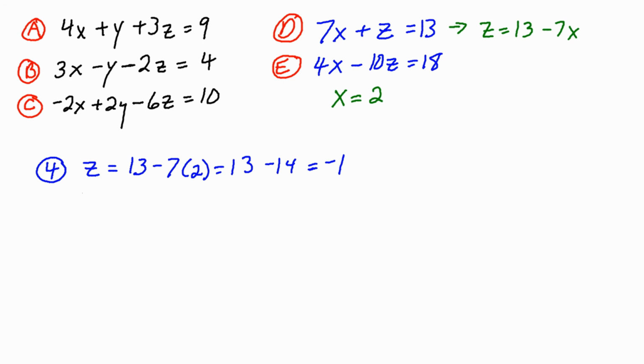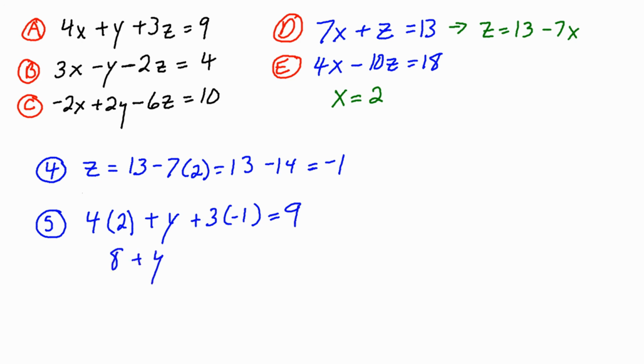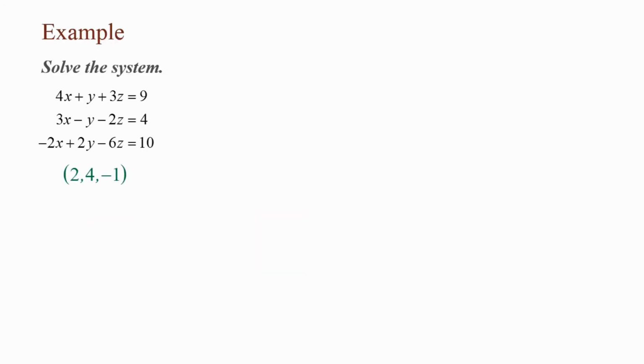Then I'm going to use equation A to find y. 4 times 2 plus y plus 3 times negative 1 equals 9. 8 plus y plus negative 3 equals 9. Y plus 5 equals 9. So y equals 4. So my ordered triple is 2, 4, negative 1.